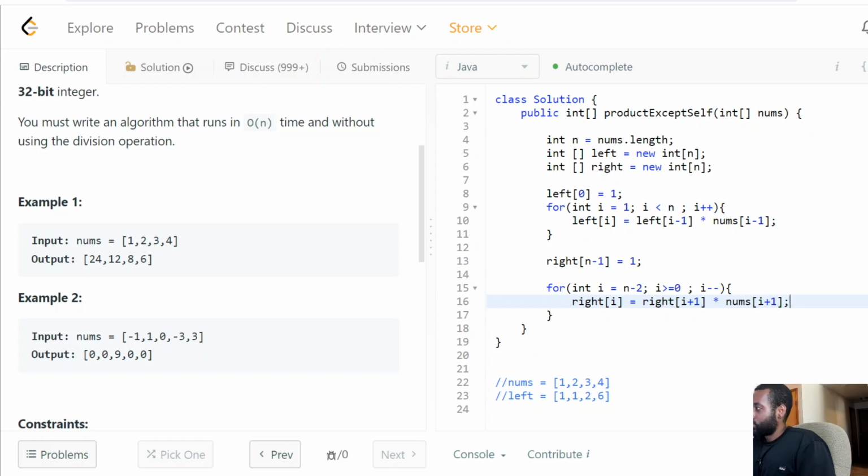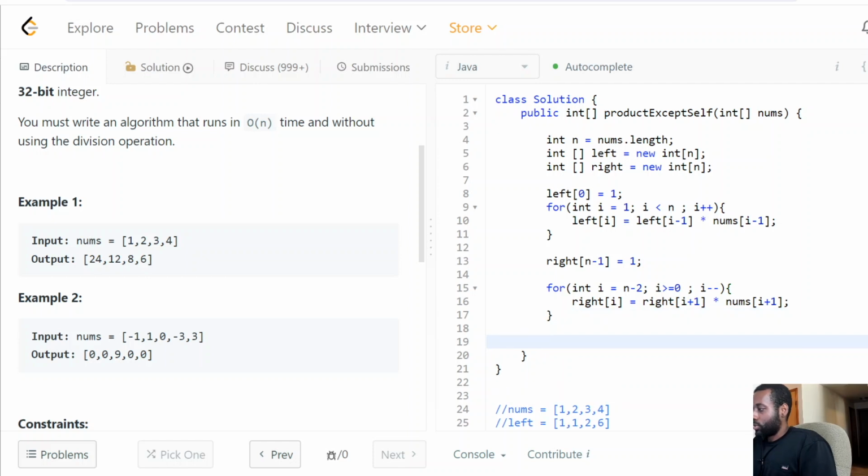Similar concept, guys: the product of all elements to its right times that number itself. So the right array helps us build the running product for every index, including the product of all the elements to its right, not including itself.